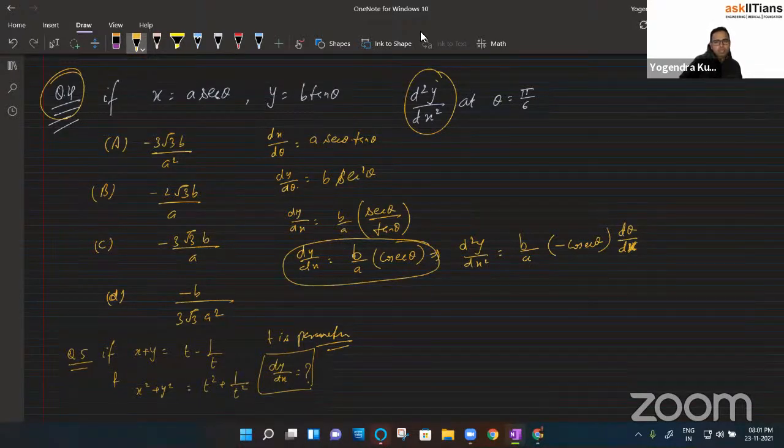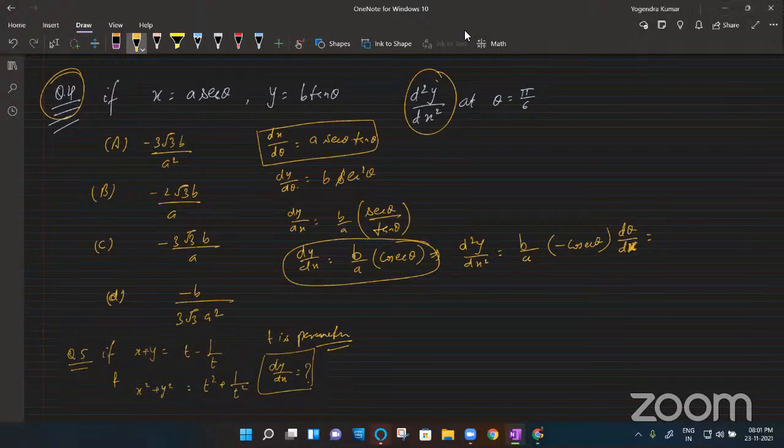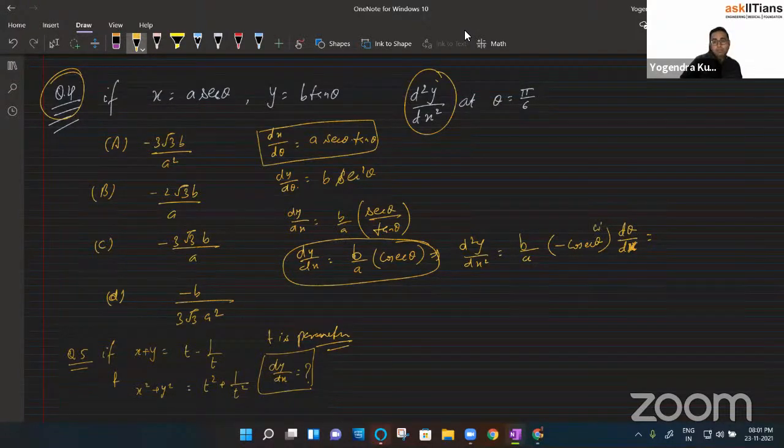So I need to write this, that is what extra will come. Exactly. Now this dx by d theta value I have. Actually, d theta by dx here. So minus cosec theta cot theta, right? Oh, sorry, cot theta. Exactly. I missed that. Minus cosec theta, cot theta. And we need to divide by this expression because it is d theta by dx here.